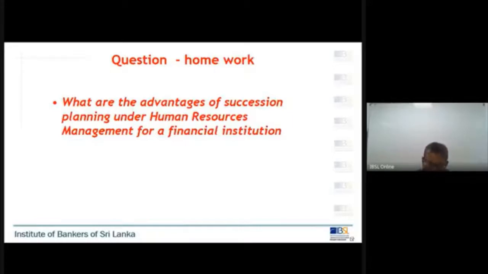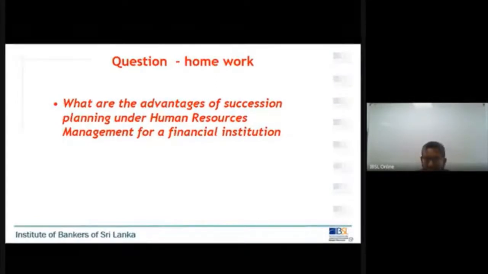Now, what is succession planning? In fact, I told you categorically that the succession plan is a mandatory plan to be prepared by every bank, because our regulator, the Central Bank of Sri Lanka, instructed that all banks need to prepare a succession plan.